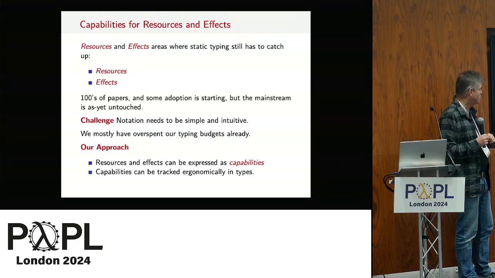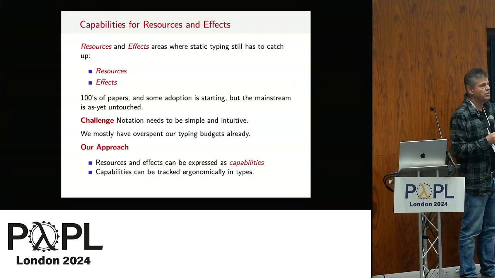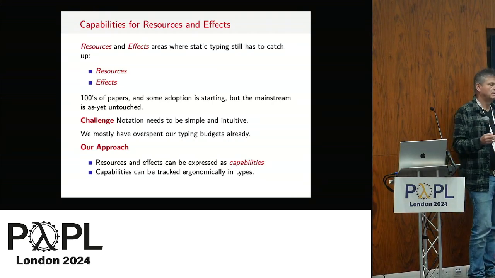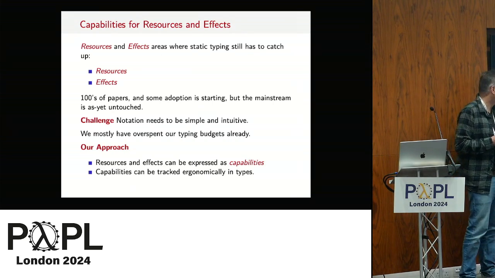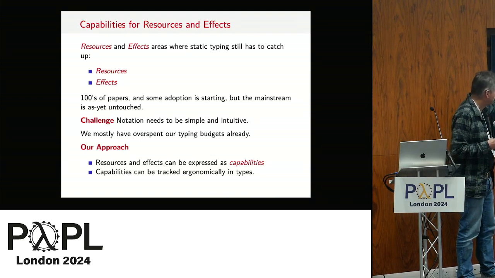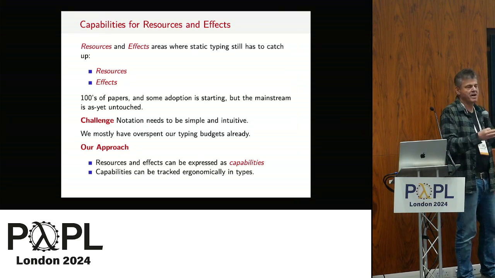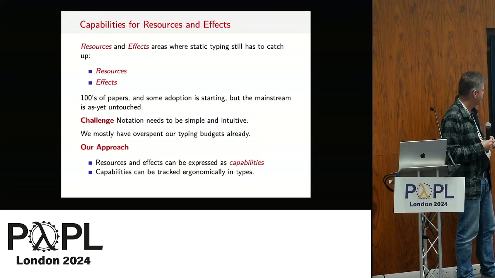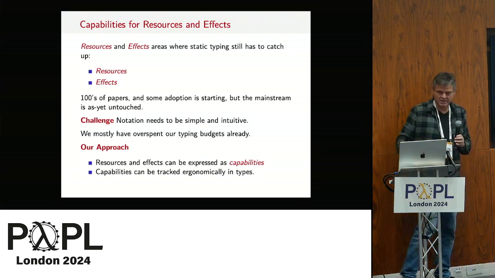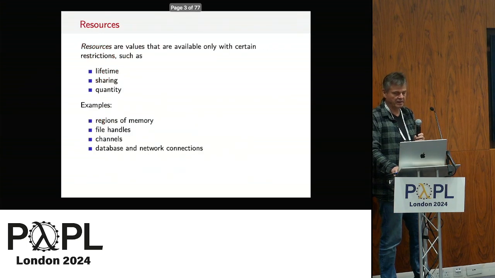And so what we were mostly looking at is simplicity of notation and not so much extreme expressiveness. Essentially we were looking more at what properties we can express simply rather than the full set of properties that we also want to express. So resources and effects are both expressed as capabilities, and the capabilities are tracked in types.